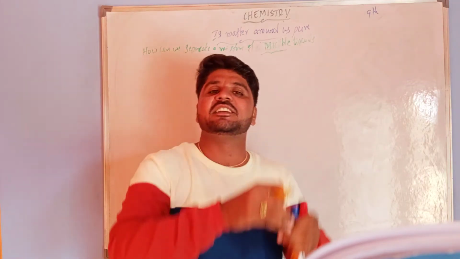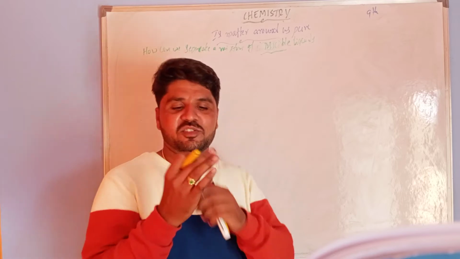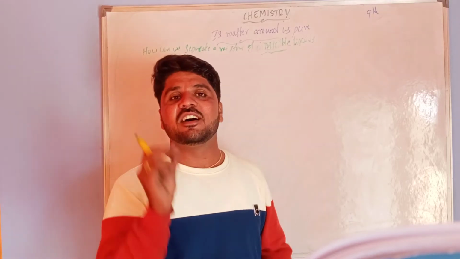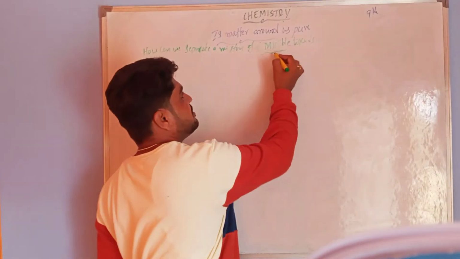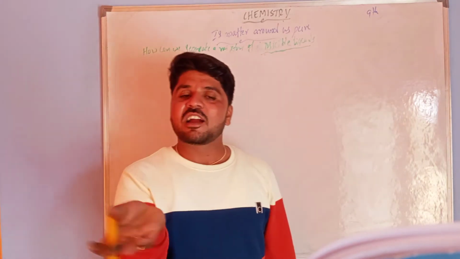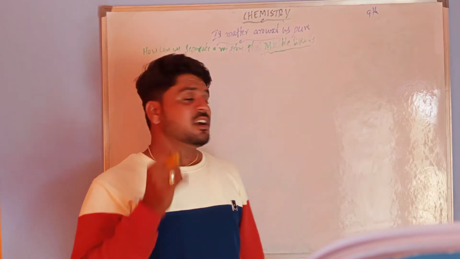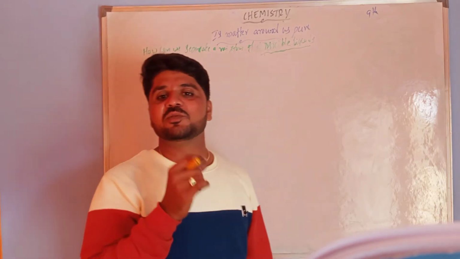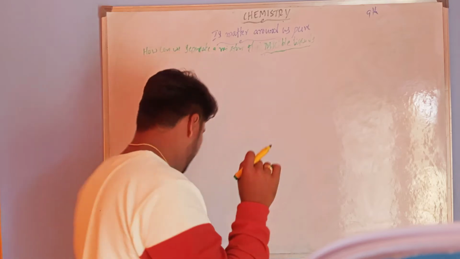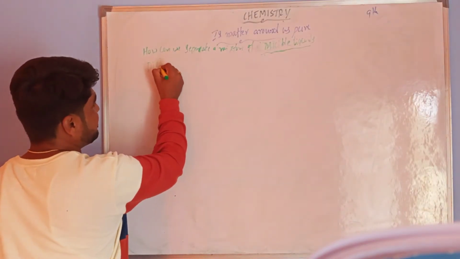Only a single phase is there. There is no phase difference in miscible liquids. Don't get confused. Miscible liquids mean complete dissolving. For these we have to use a very interesting technique, that is the distillation process.